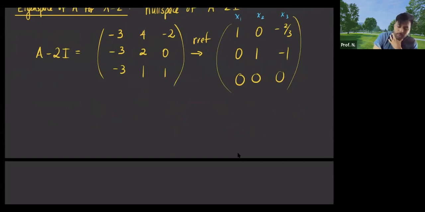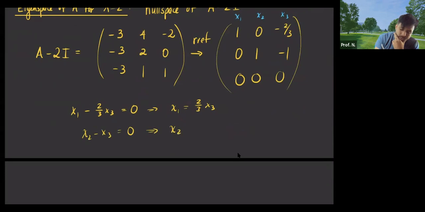What information do we get from the row reduced echelon form? X1 minus 2/3 x3 equals 0, because this is really the equation that we get from the first row, so x1 equals 2/3 x3. X2 minus x3 equals 0, which means that x2 equals x3, and then x3 is nowhere to be found in the row reduced echelon form because it's free. So we call this the free variable.